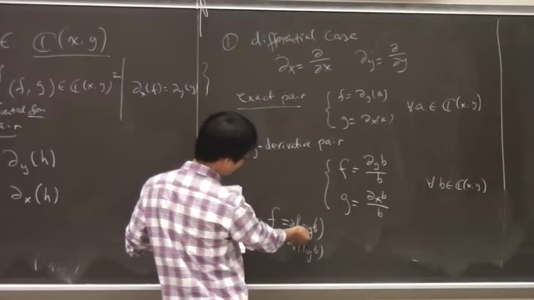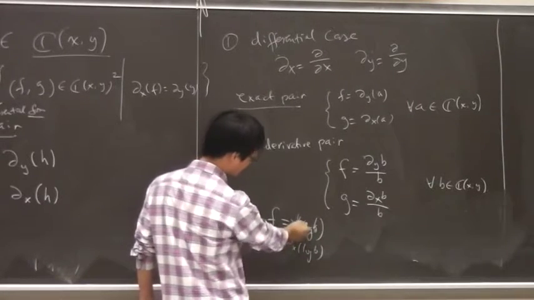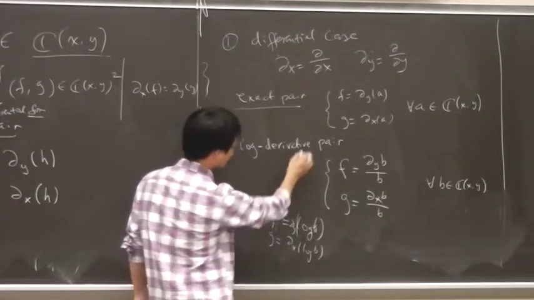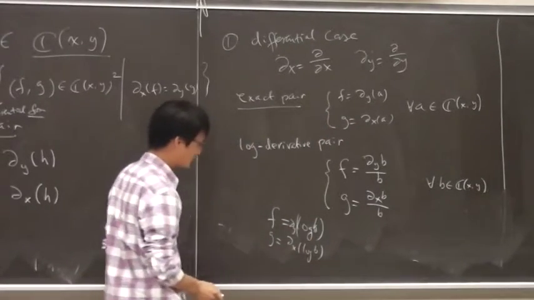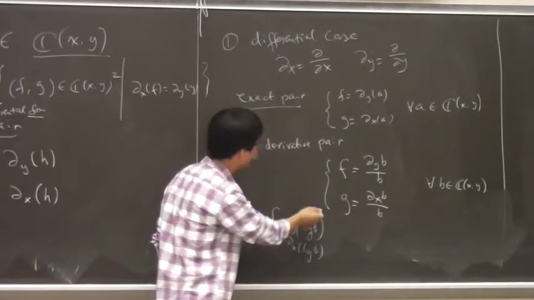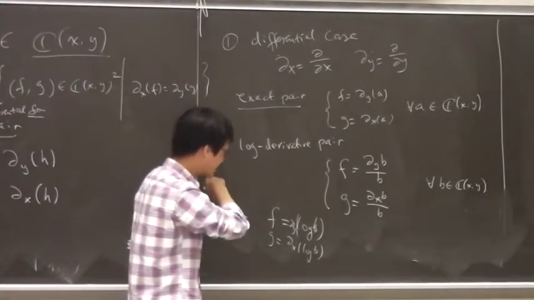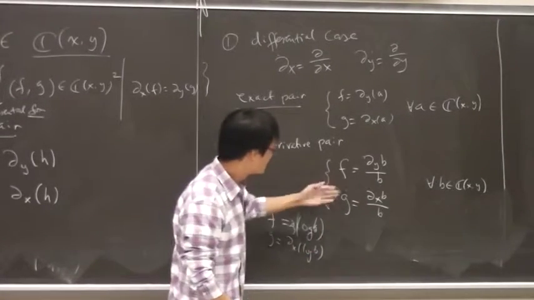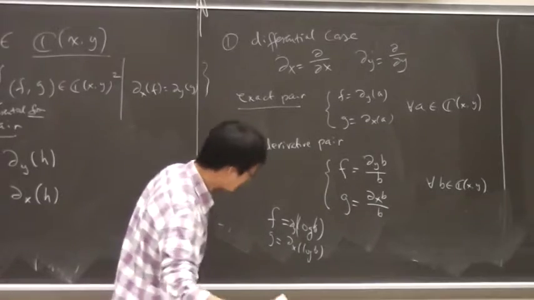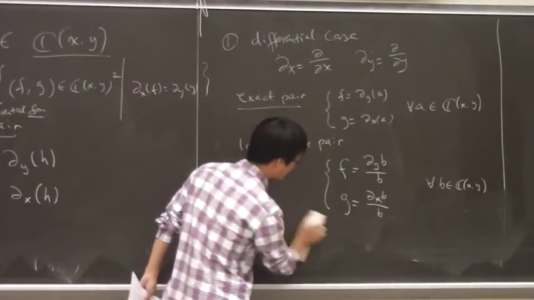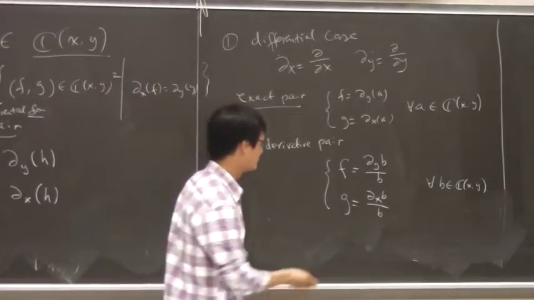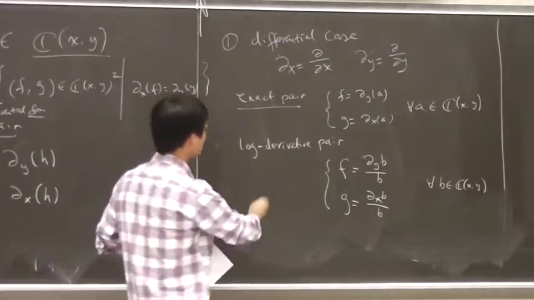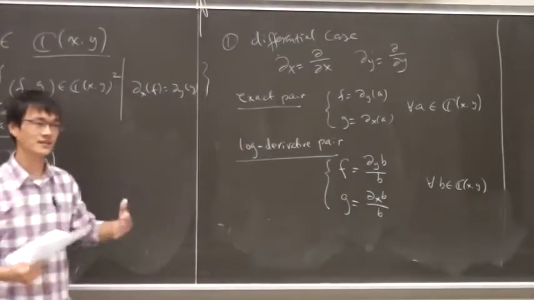But then you go out of the rational function field, which is not good. Still, it motivates the pair, and you can easily see that it satisfies the double equations. This also comes from the commutativity between partial x and partial y in the rational function field. So those are the two kinds of pairs you can figure out.